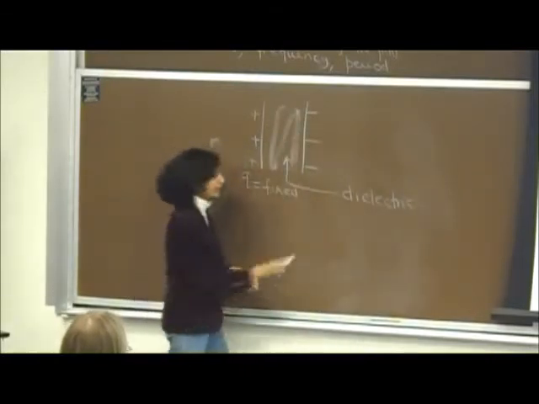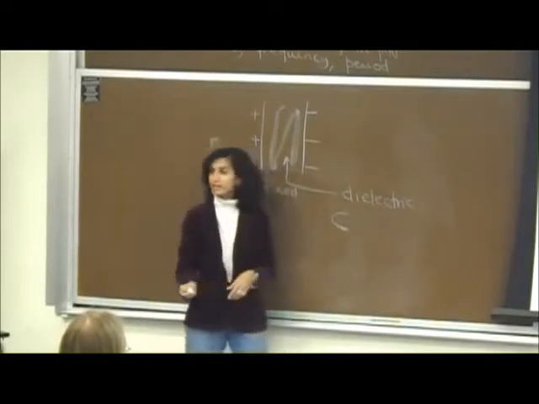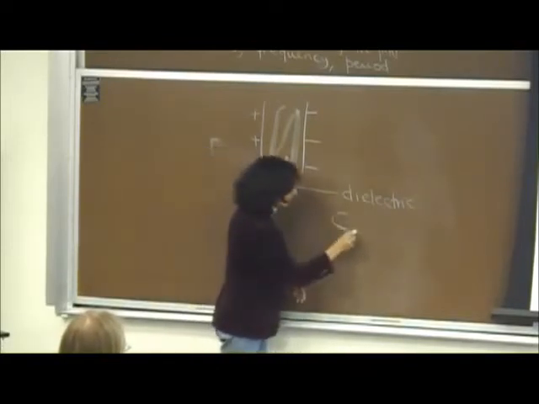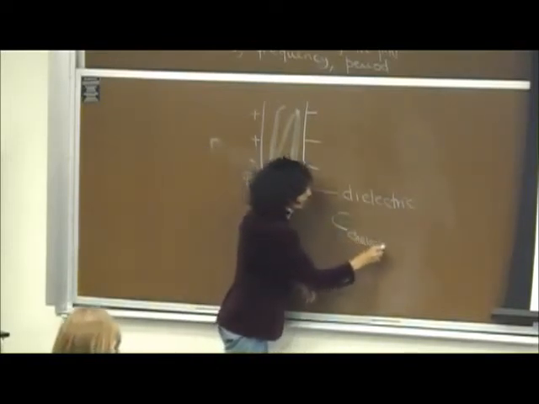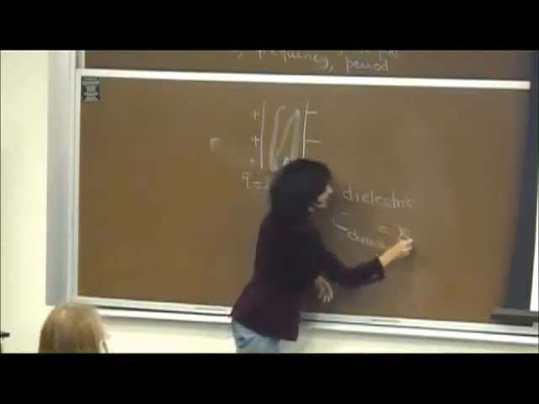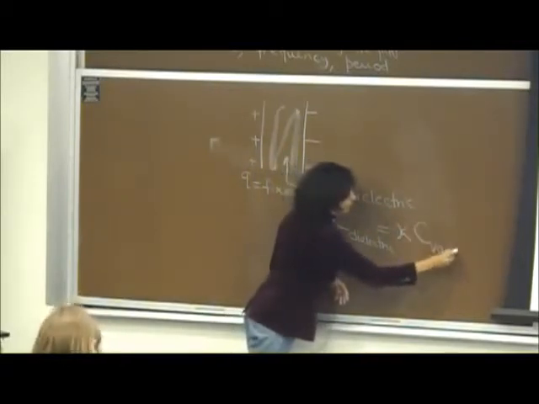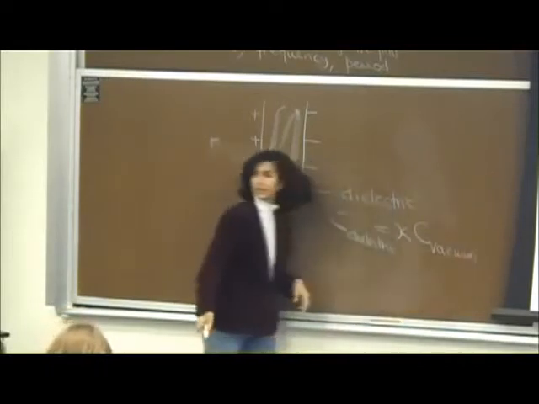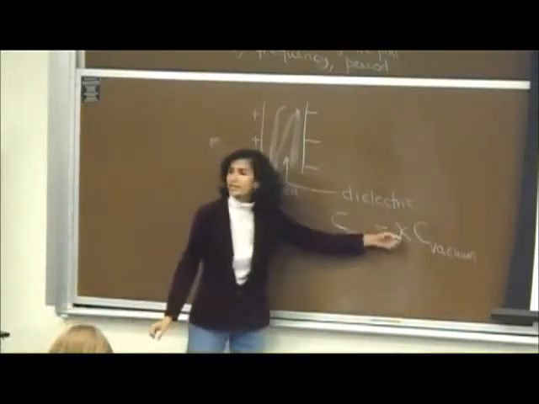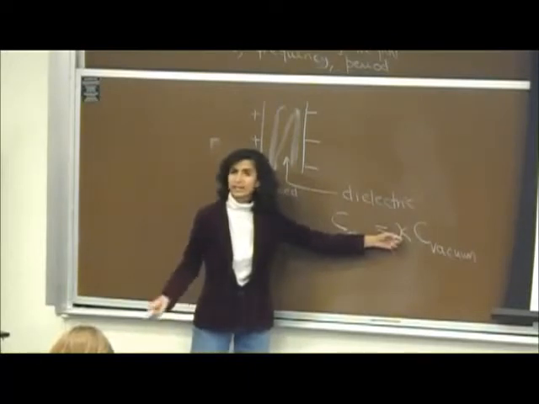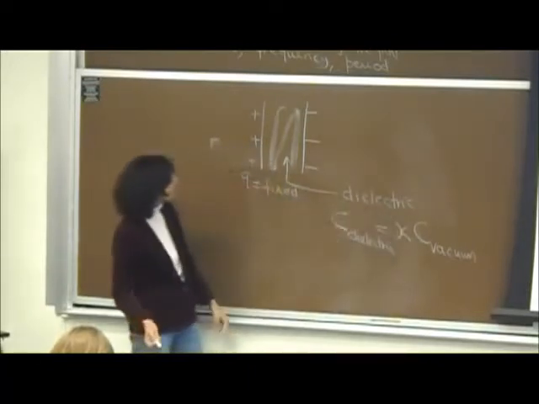What do you think the dielectric does? Does it increase the capacitance? Yes. So we know that C with dielectric is always going to be more than C in vacuum or with air, if you like. This kappa is always greater than 1 for anything other than vacuum; for vacuum or air, it is 1.